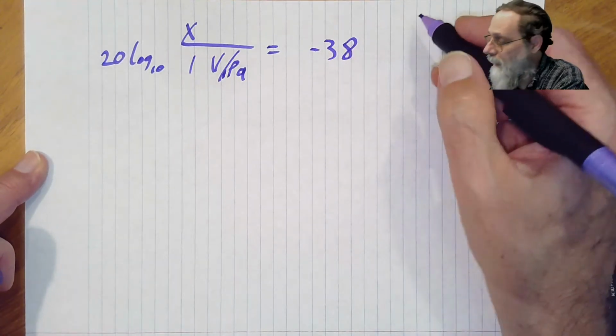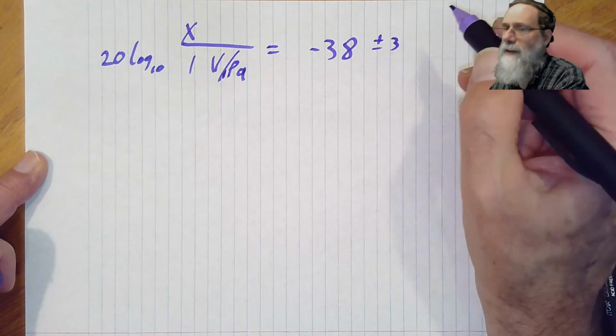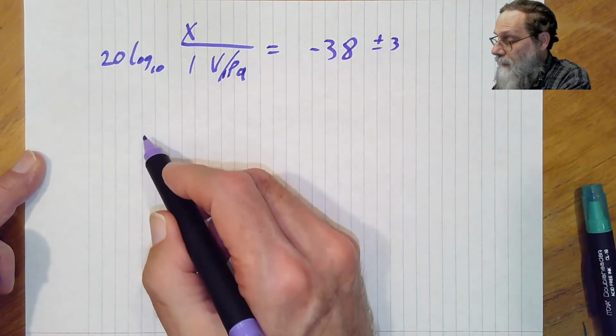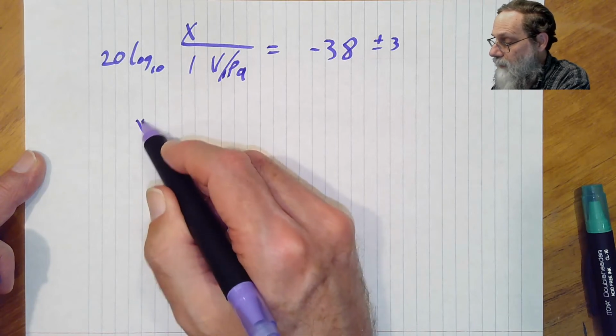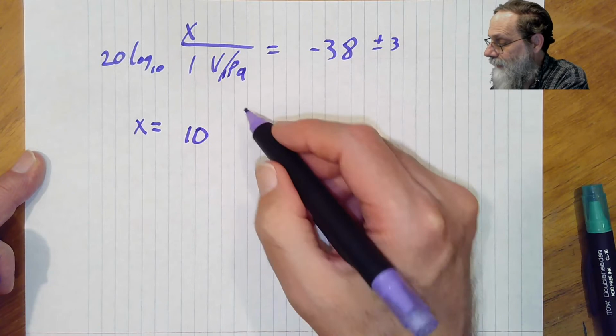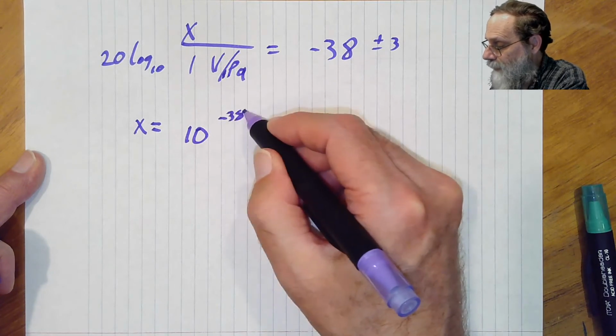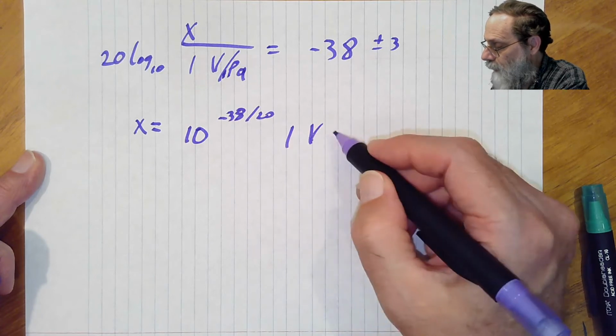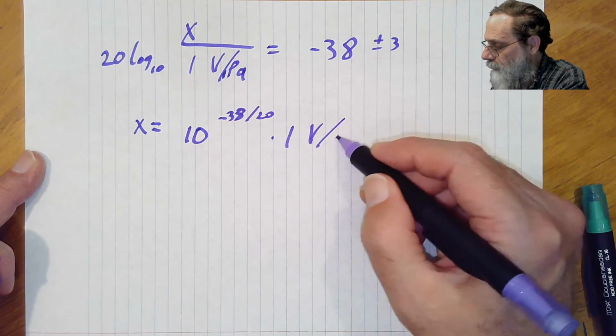That was the typical value. There's a plus or minus 3 to get the minimum and max values. All right, if we rewrite that, we can say that x is equal to 10 to the minus 38 over 20 times 1 volt per Pascal.